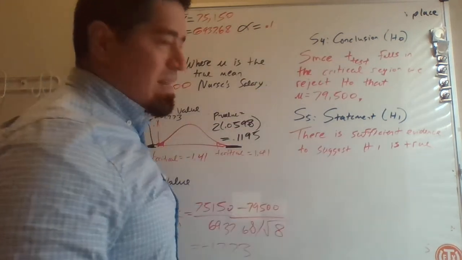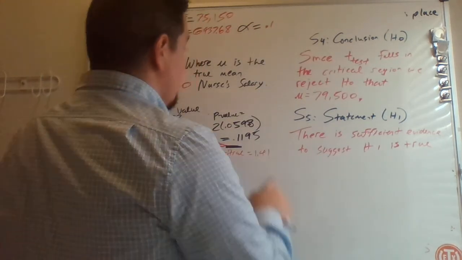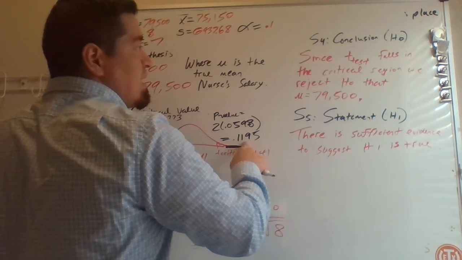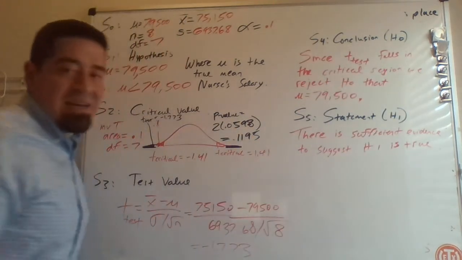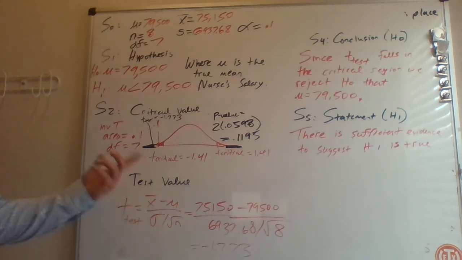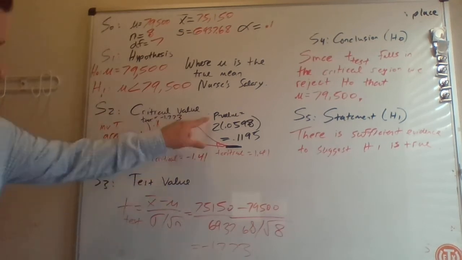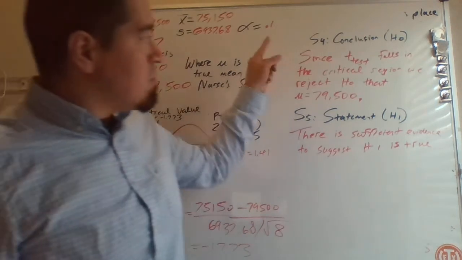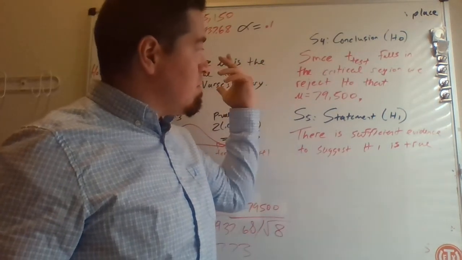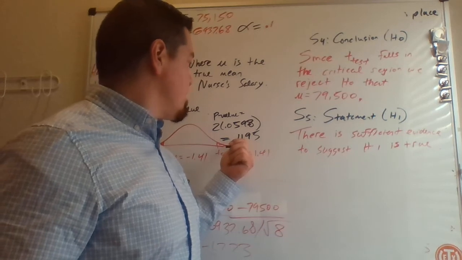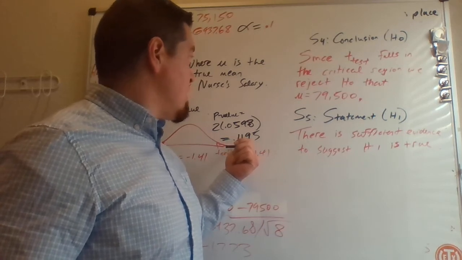And if you go back to that slide, I think it was 47, it says if the p-value is greater than alpha, you reject H naught, just like we did. So the results coincide. So that would be the p-value method. Step 2 for the p-value method was test value. Step 3 would be the p-value. And then step 4 would be you'd reject because the p-value is greater than, or actually, the p-value is less than.